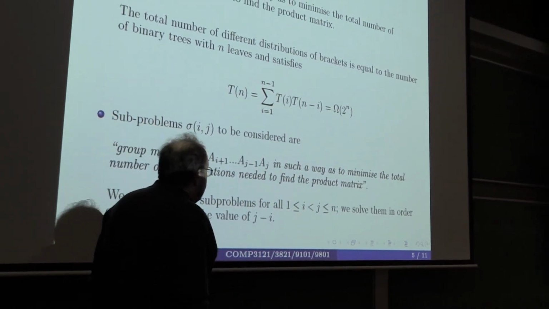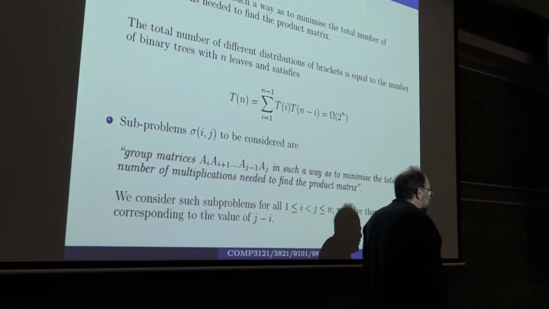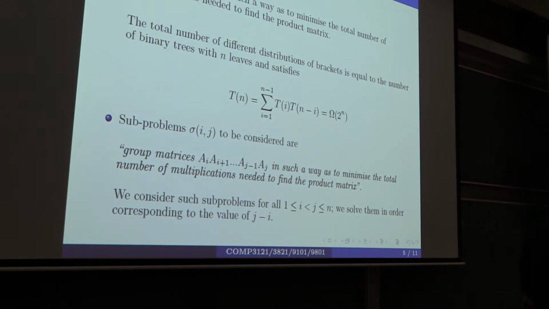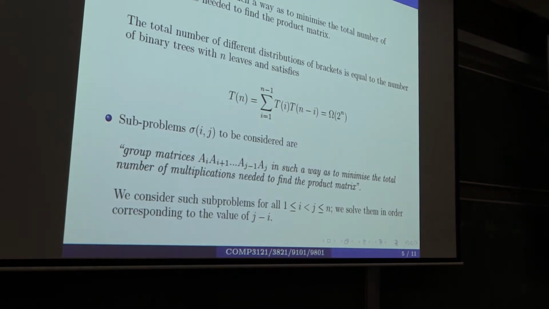Okay? So if you were to try by brute force placing all the parentheses in any way, this would be just prohibitively slow, right? So we have to do this in a better way. And what is the idea?